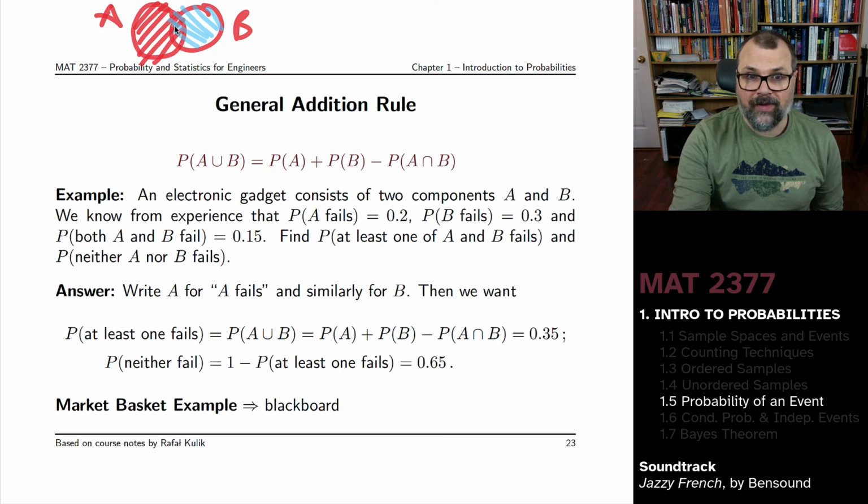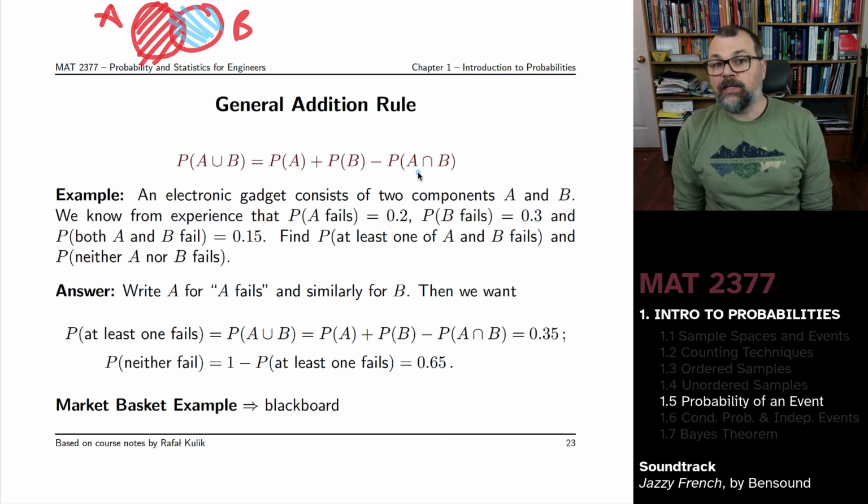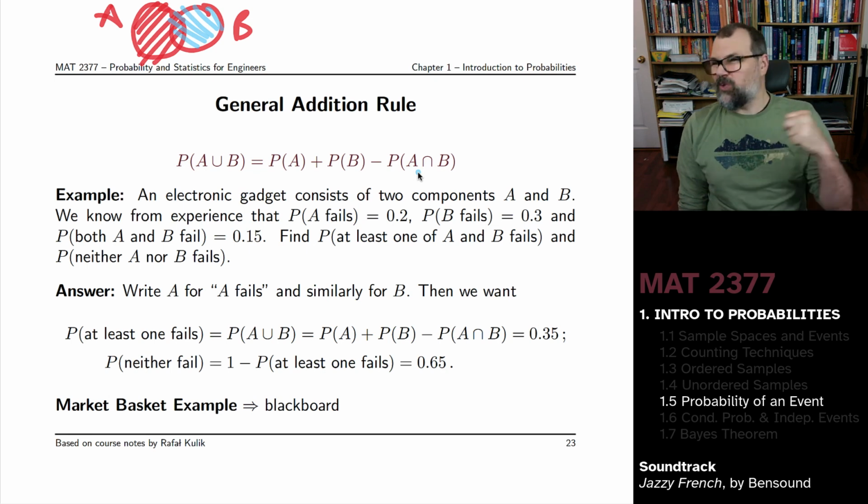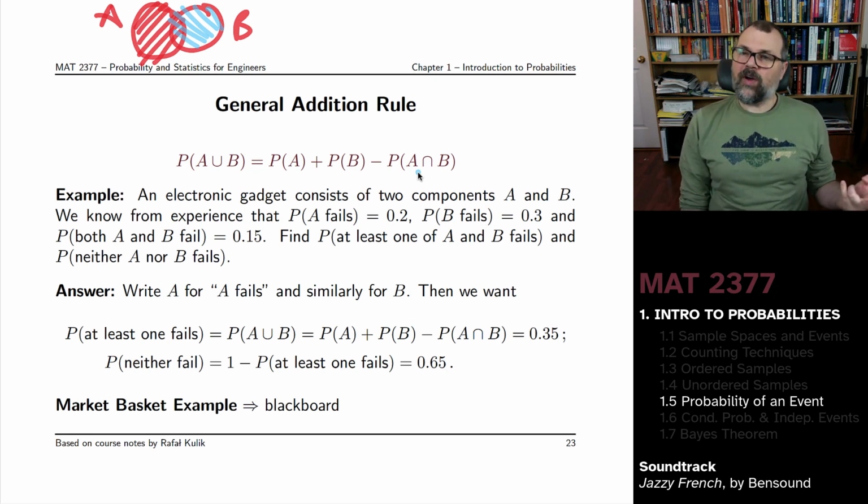The region where you've counted the probability twice, that's the intersection. So you're going to remove it once, just so you don't count it twice.